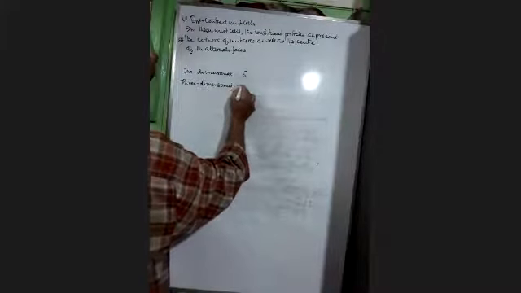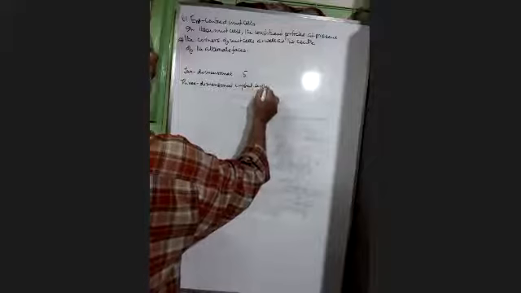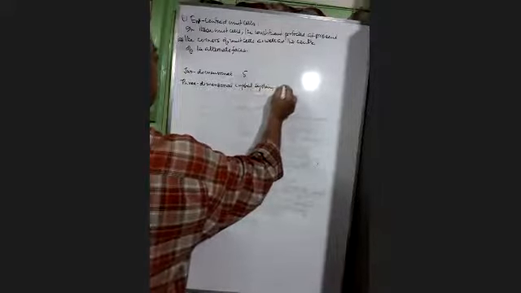Two-dimensional, how many? 5. Three-dimensional crystal systems, it is 7.